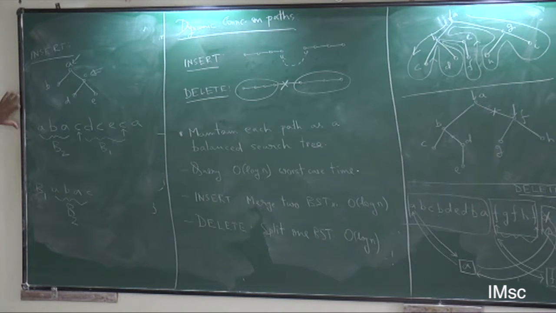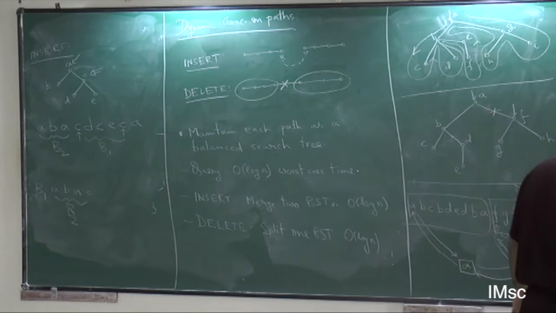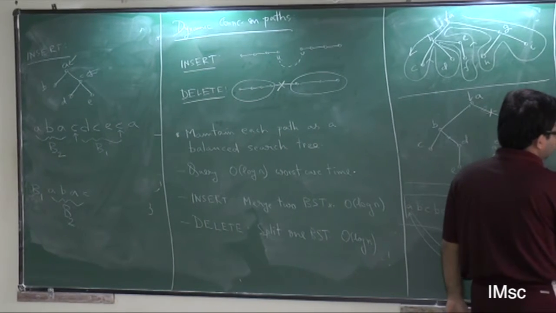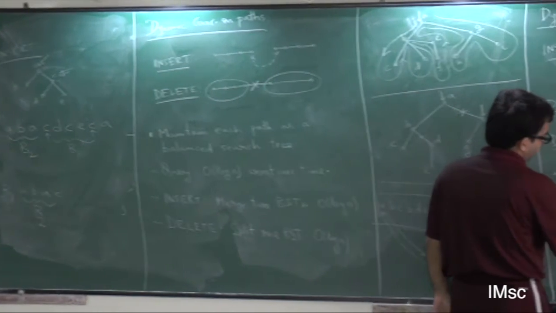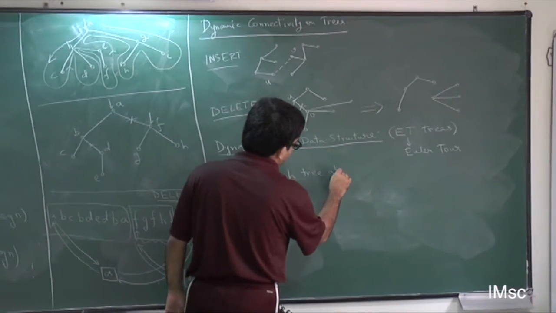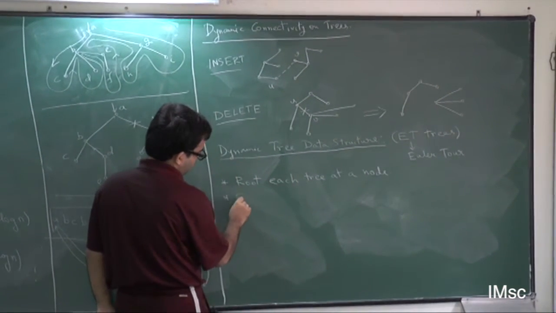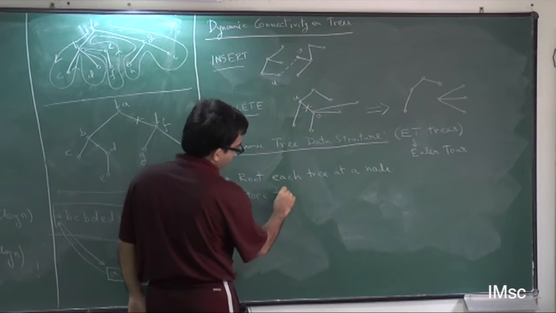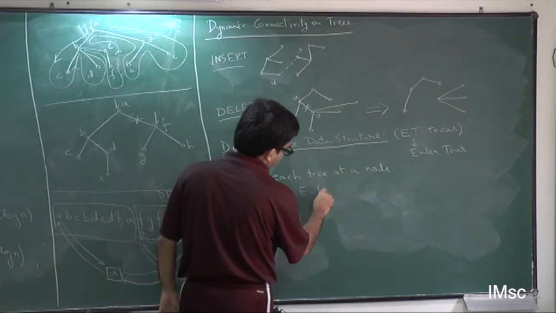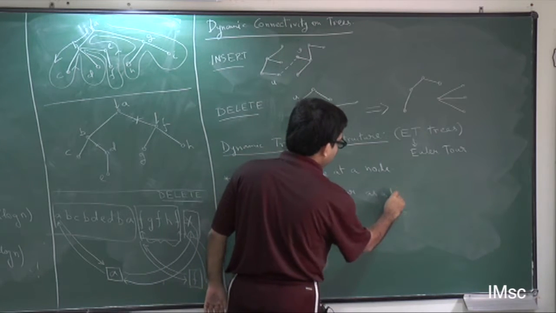It is not very difficult to write even the code for this. Okay. I did not have the pseudocode in mind, but the point is that you can also reroute it using balanced search trees. So, this is basically ET trees. Root each tree at an arbitrary node, and store the Euler tour as a balanced search tree.